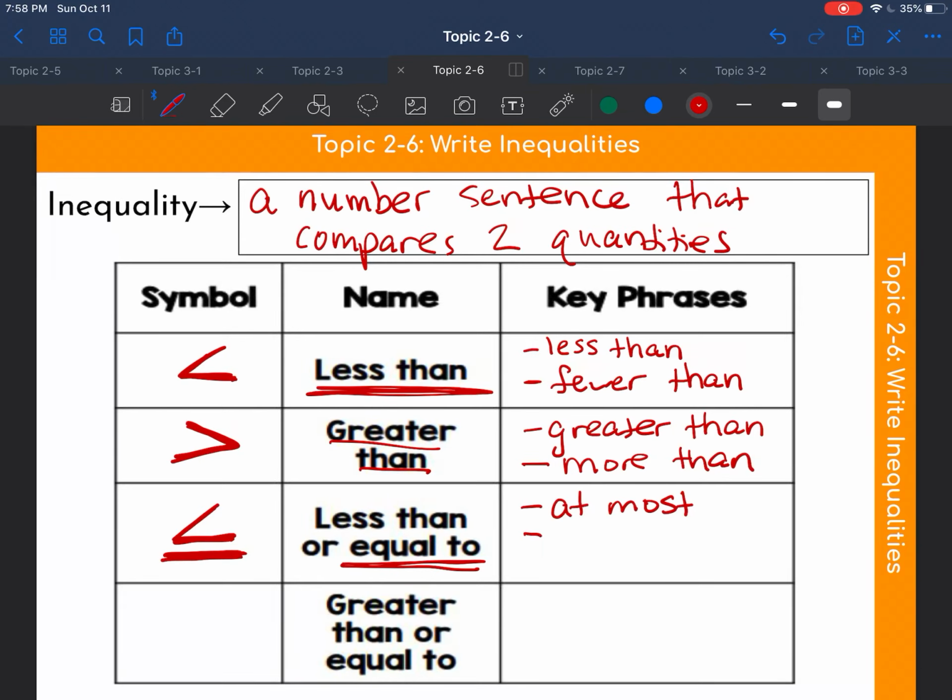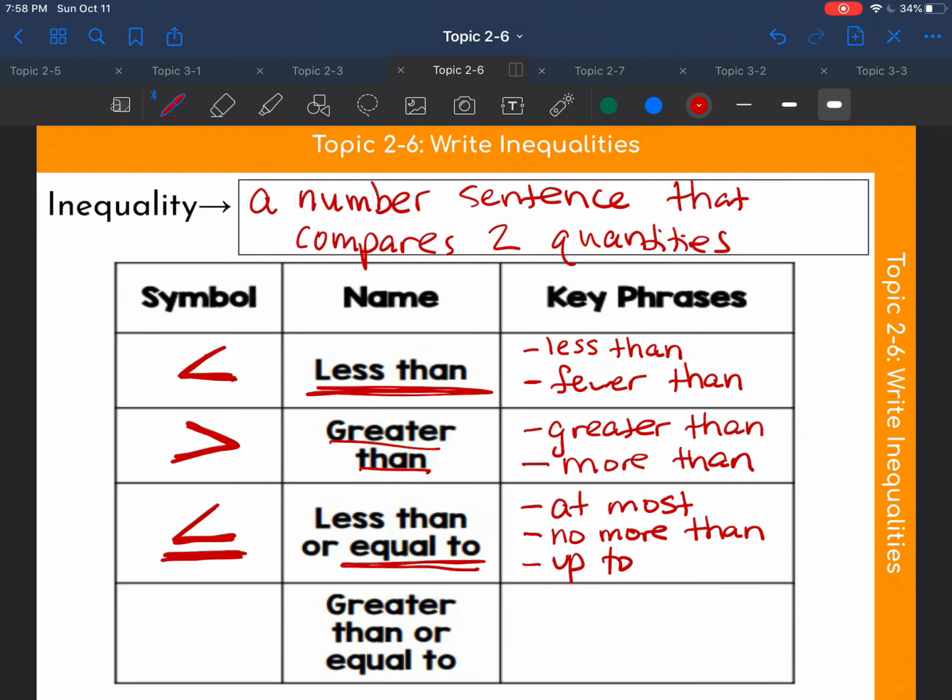So if you see the phrase at most, it means less than or equal to. Another phrase is no more than. You can be no more than 5 feet, so you can be 5 feet or less, but you cannot be more.